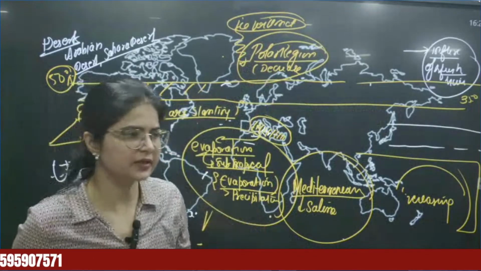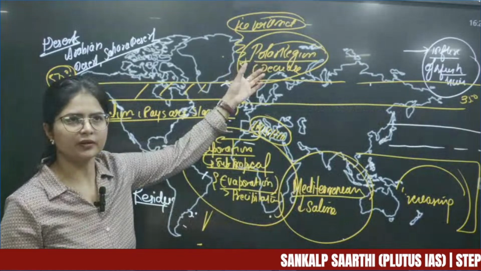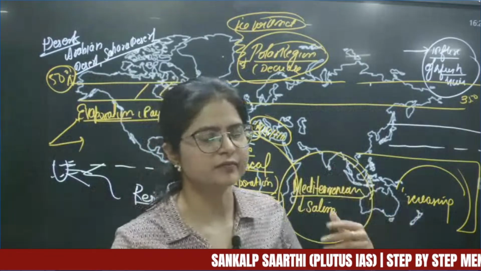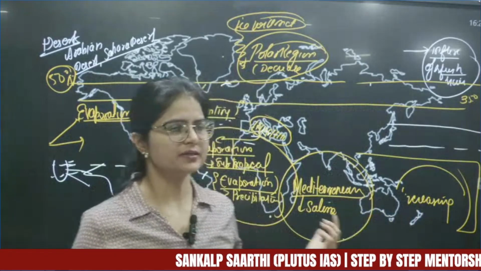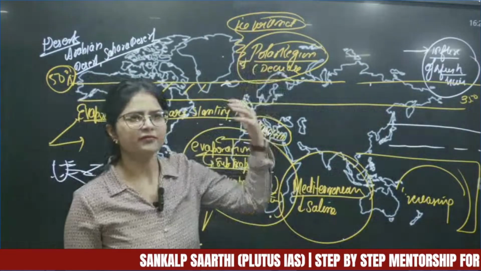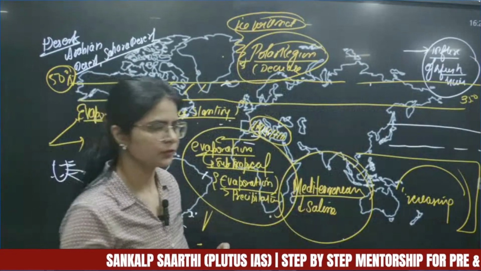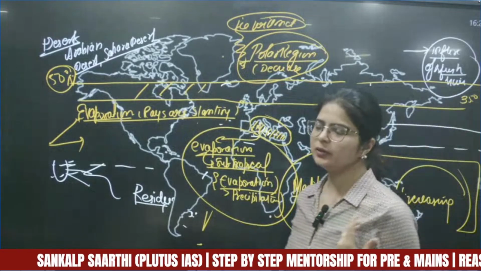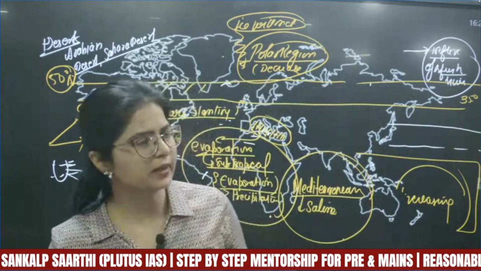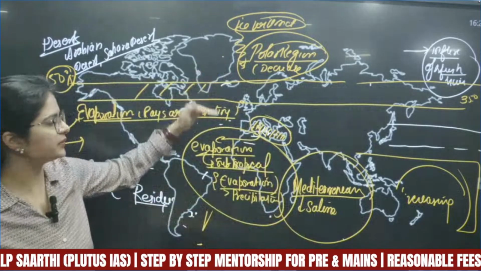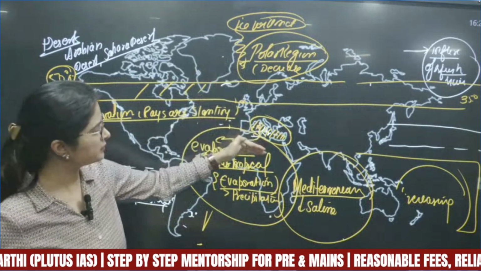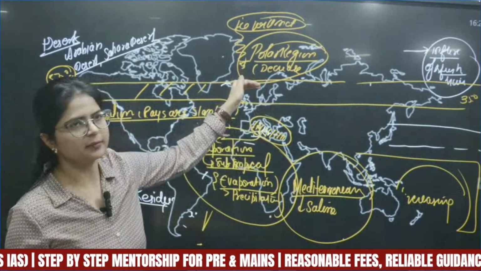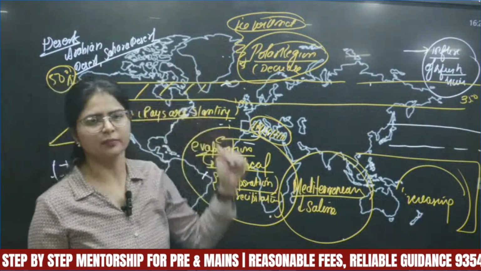And second thing, definitely minimal evaporation at the polar region, precipitation in the form of snow, right? So all of this factor taken together, we can say that the polar regions are having very less salinity values. Okay? When we look at the equator, the values will be more as compared to the polar regions, obviously. But as we go further in the tropical, subtropical regions, it increases. Again, it decreases at the mid latitude, and again, it decreases further in the polar region.